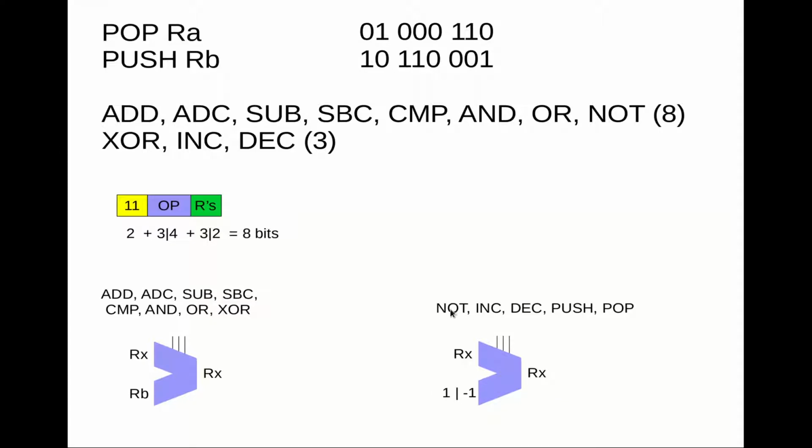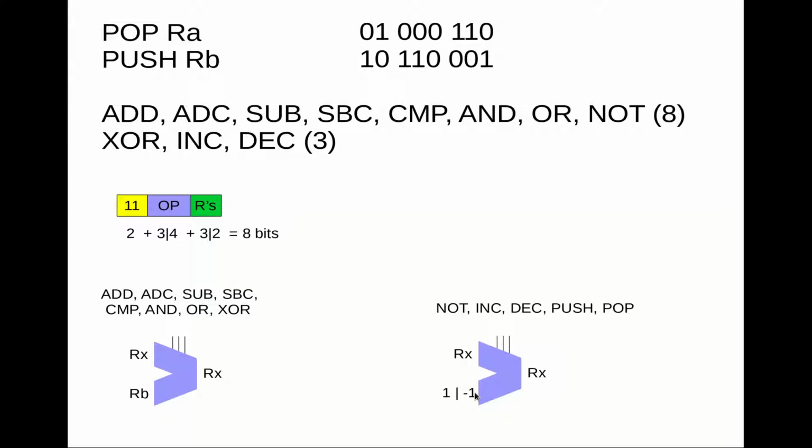The same for the NOT operation. In fact a NOT operation is an XOR with a value of all 1s, or in 2's complement -1. So even for the NOT operation we can get away with using this structure. So what we need is some mechanism for configuring our ALU to use either the B register as its second operand or some fixed value.